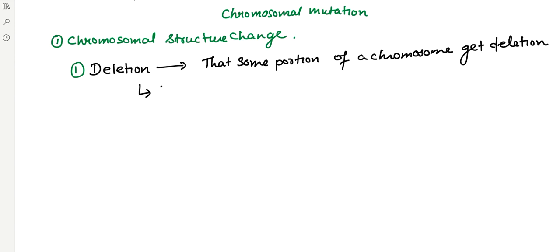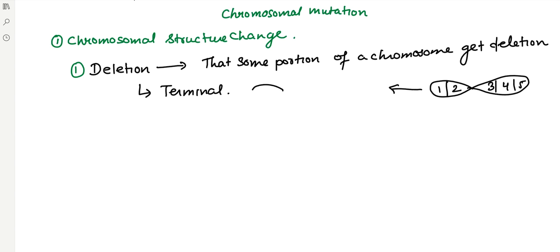One, the deletion can be terminal in nature. For example, if we have a chromosome with 1, 2, 3, 4 and 5 genes, and the deletion is such that you are going to get something like this. For example, 2, 3, 4 and 5.